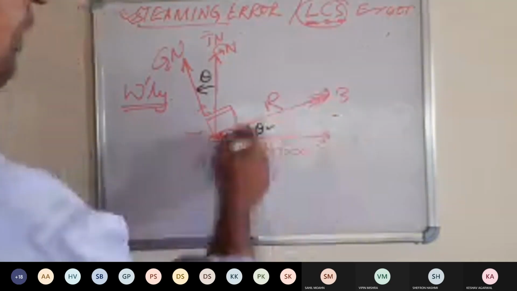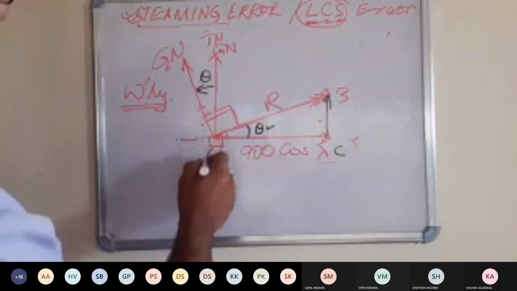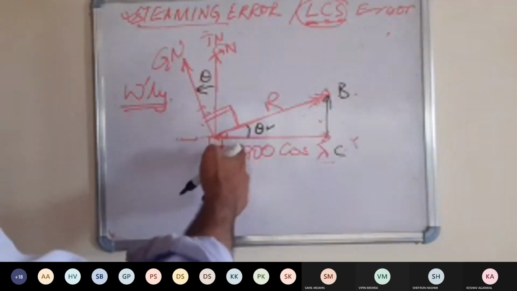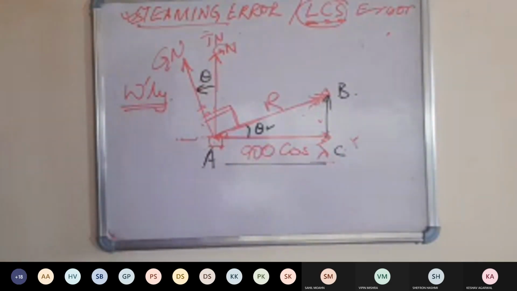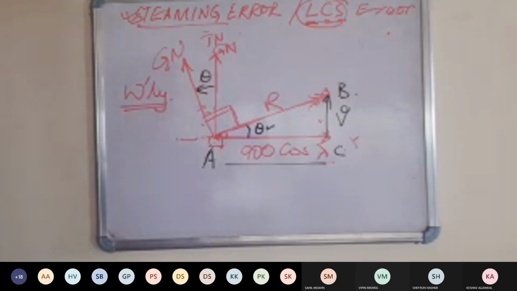So in this triangle A, B, and C, you have to find out this theta, where AC is 900 cos lat, BC is V of the ship. Then can you find out the theta?